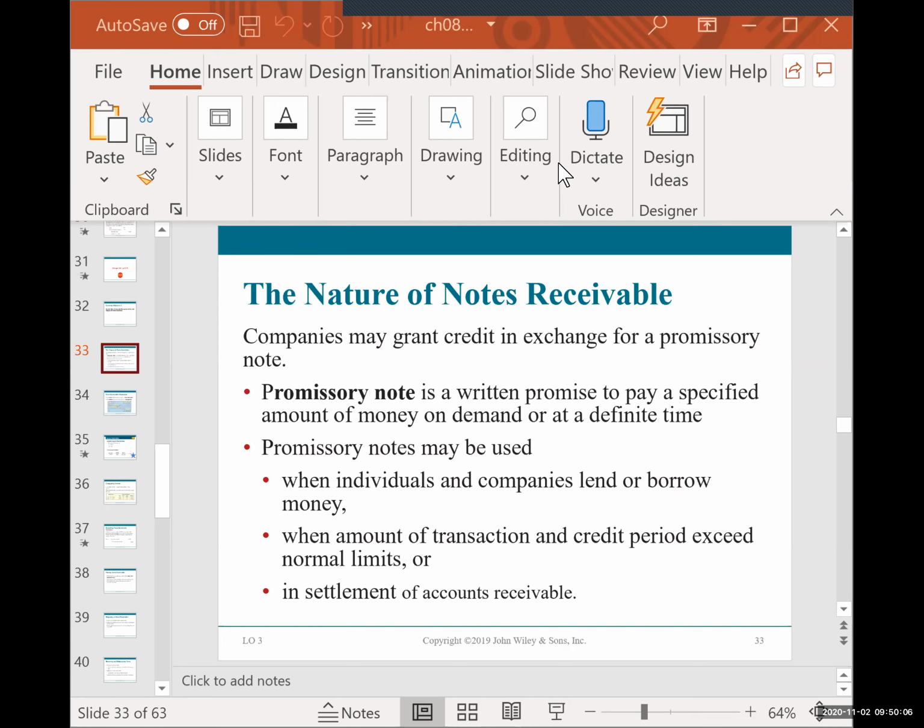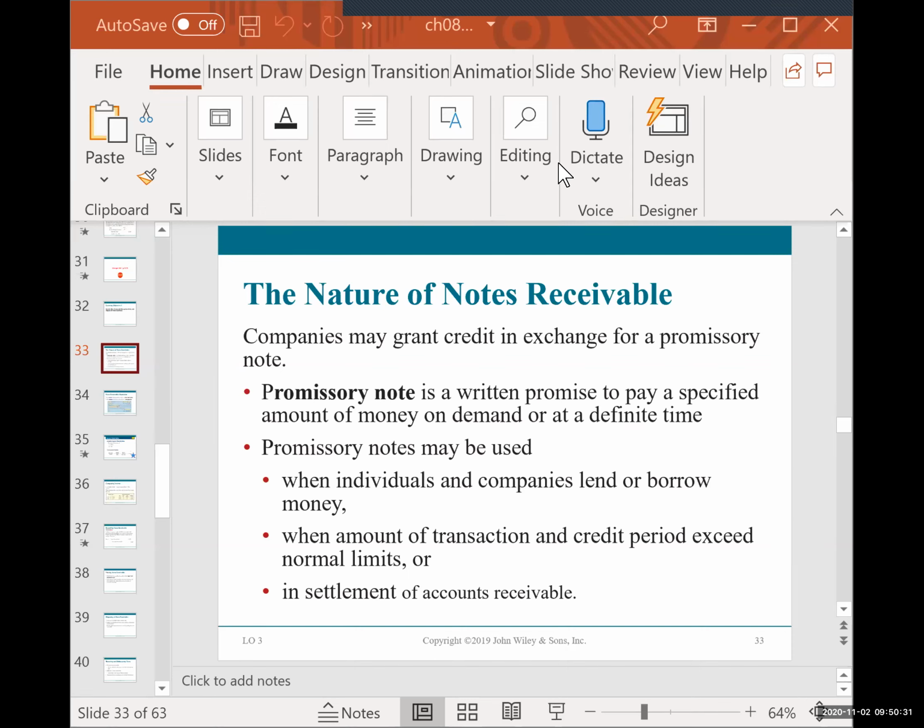So we might find a note if we make a purchase for something, either for service or goods, or we might find a note that is in an exchange or in a settlement for an accounts receivable. So let's say you have a customer, and you're trying to collect from your customer, and your customer says, you know what, I'm not going to be able to pay you for at least 6 months.